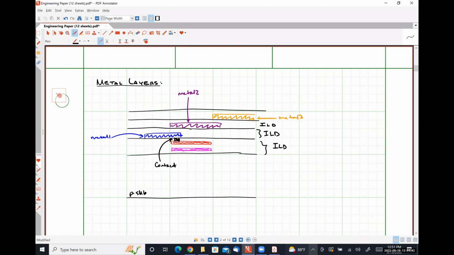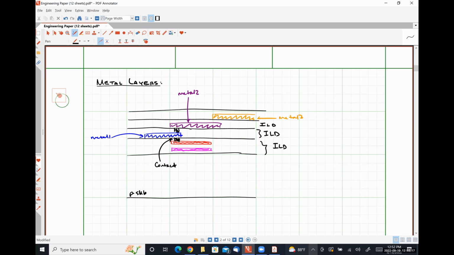So contact is specifically for making contact from a metal connection down to something underneath a metal 1 layer, or specifically from metal 1 and down in the physical space. So metal 1 can directly contact poly 2, poly 1, and well, although that's really a bad idea, or an active or p active. Mainly poly, poly 2, and active regions.